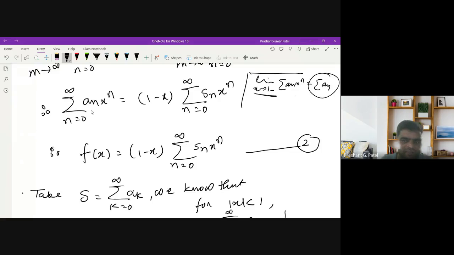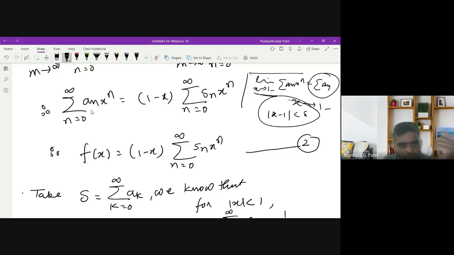We'll see the difference f(x) minus S. If I can prove that it is less than epsilon as x minus 1 is less than delta, or as x tends to 1 minus, then it is fine. So that is our objective.